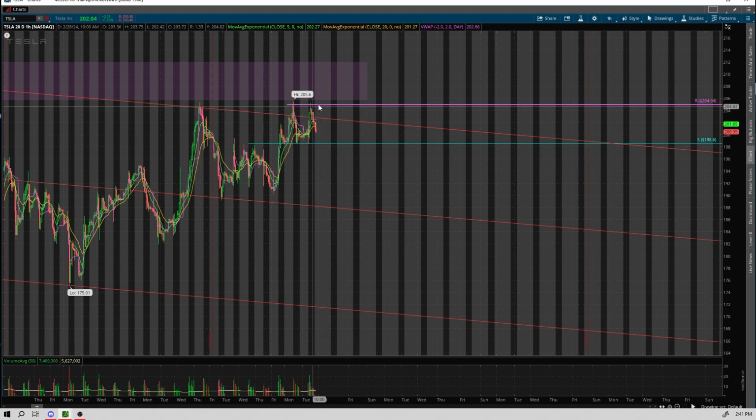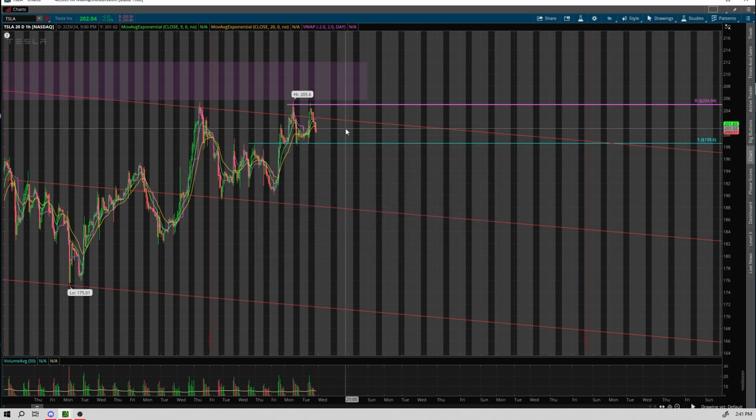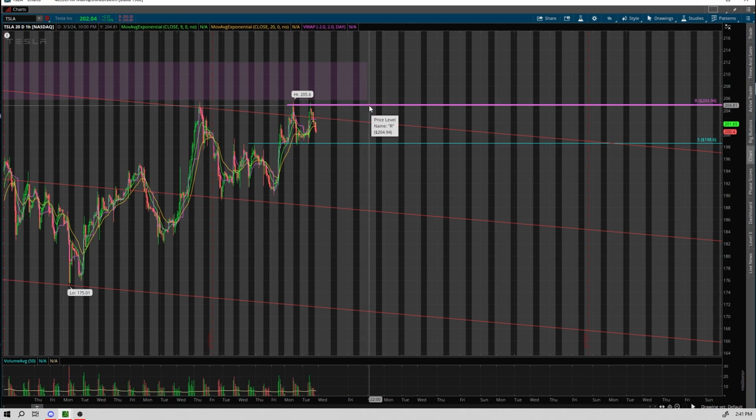Yes, we want to get the entry and we want to fill the gap, right? We understand that the gap starts at 205.69 and it goes all the way into 211.97. The only problem with it is that we're up here at this resistance level. So we have two things working in our favor: we have the resistance and we have a downtrend.